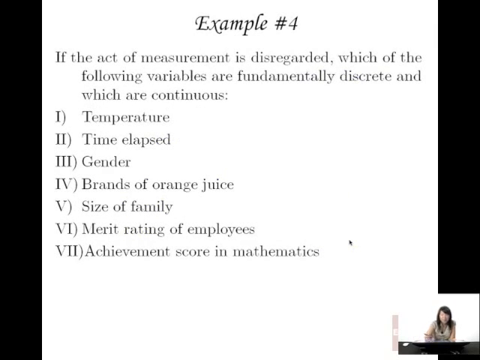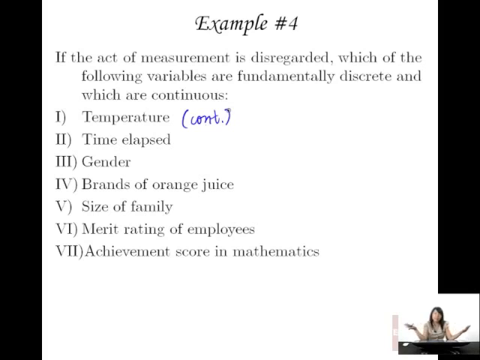All right, example 4. If the actual measurement is disregarded, which of the following variables are fundamentally discrete and which are continuous? Well, temperature is probably continuous because you could be a little bit hotter, a little bit more hotter, a little bit hotter than that, right?